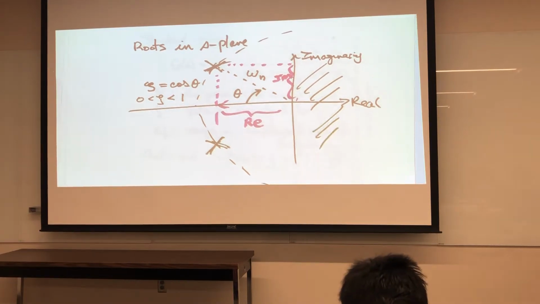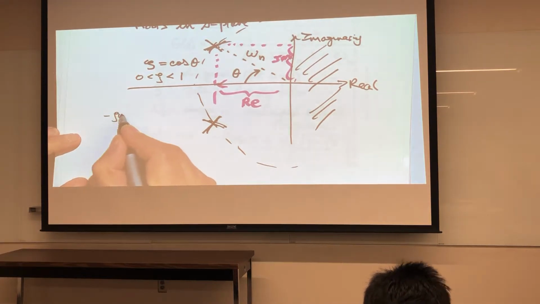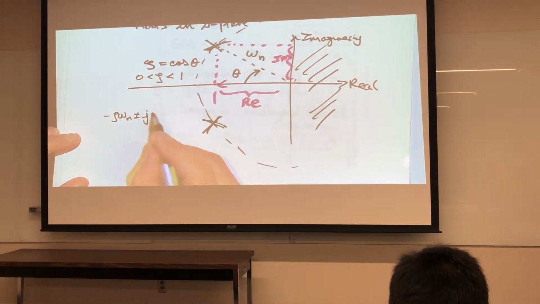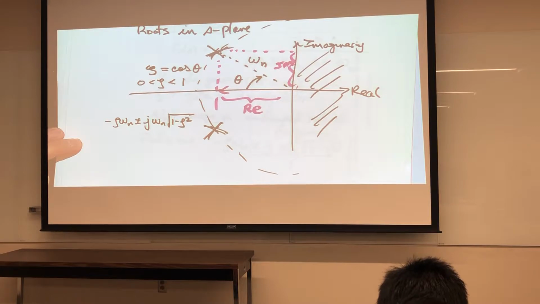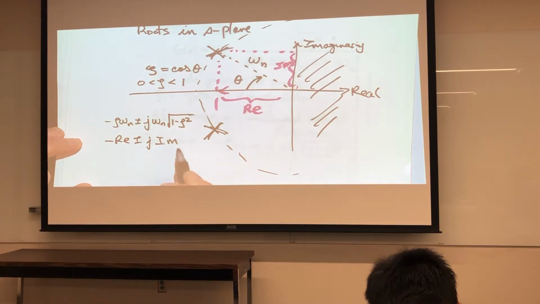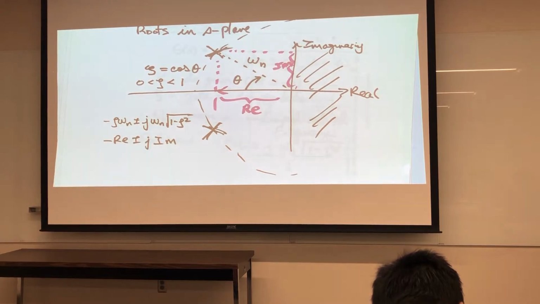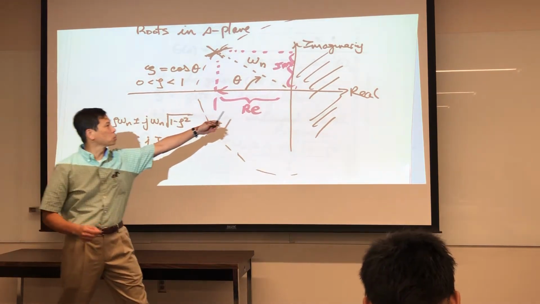So earlier what I said, the roots are equal to minus zeta omega n plus or minus j omega n times the square root of 1 minus zeta squared. This is the same thing as minus the real part plus or minus j, the imaginary part. So this is like using polar variables. Omega n tells me how far away I am from the origin.